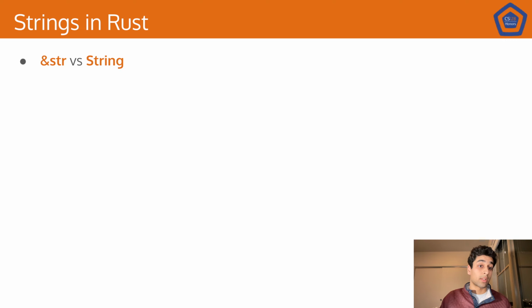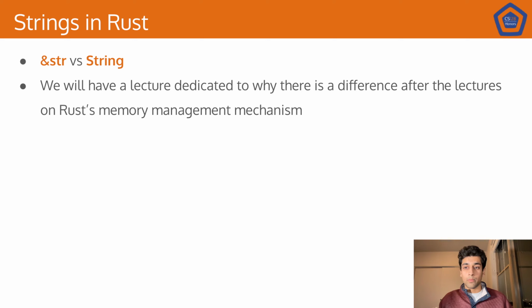Again, more on structs later, but these are the two types of strings you'll see. We'll have a dedicated lecture on why there's a difference once we cover Rust's memory management mechanism, but I just want to give you an interface that you can use, some functions you can call, and how to convert between them, but you'll get a more detailed understanding as to why there are these two types in the future.